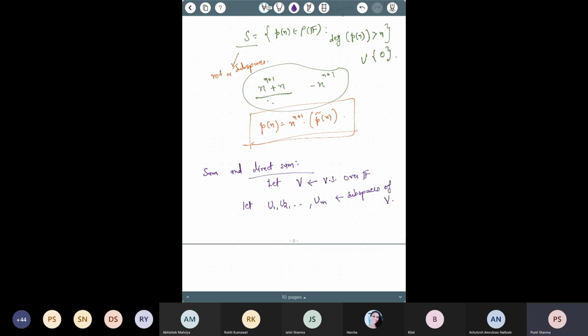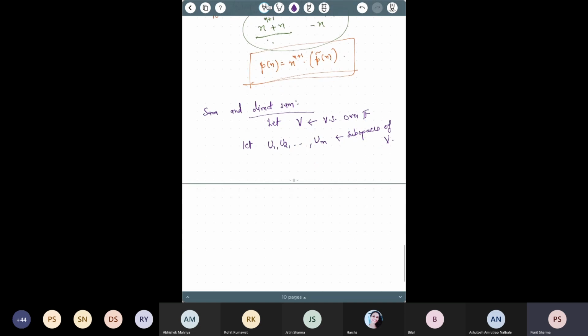We have a vector space and we have subspaces of V. Then the sum of U1 to UM is defined as U1 plus U2 and so on. This is denoted by this notation. You just take the sum of U1 to UM.